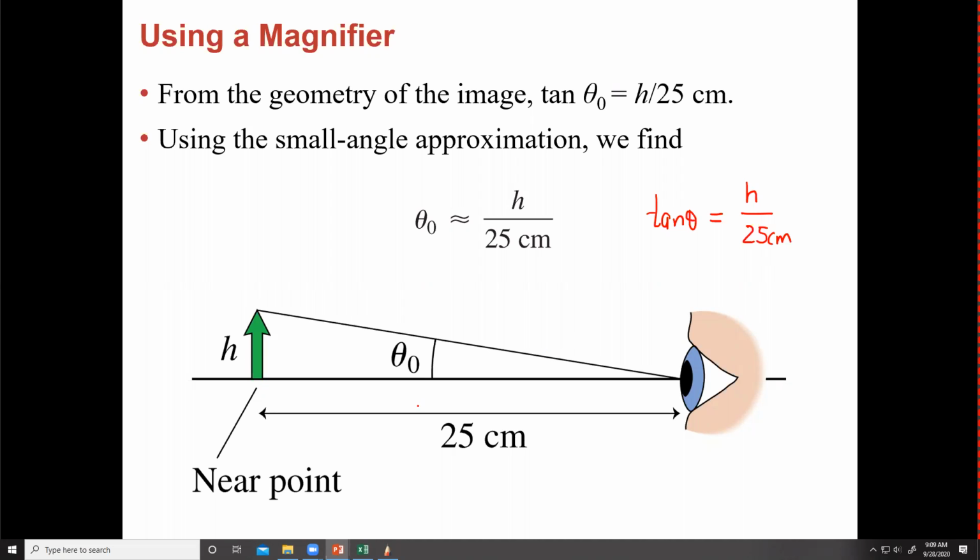Okay, and if we consider this angle to be a small angle, which is true for any small angle, meaning less than 5 degrees, then we can write sine theta is equal to theta. Also, tan theta is equal to theta.